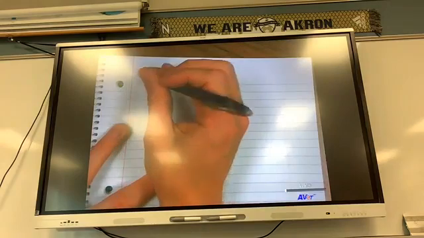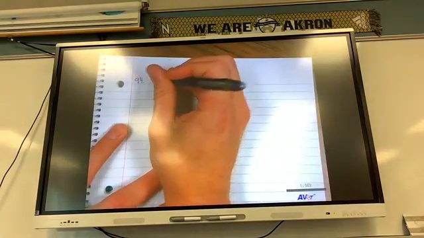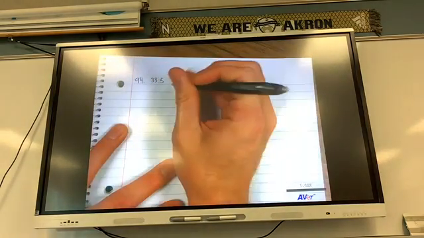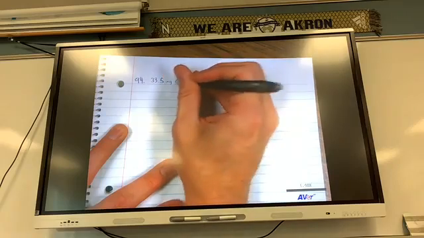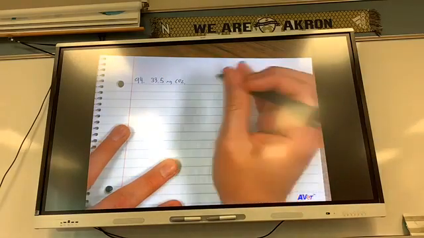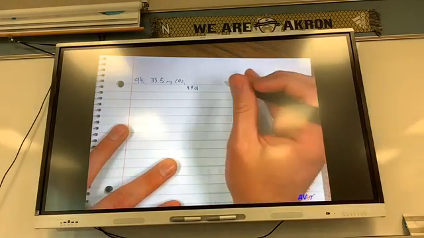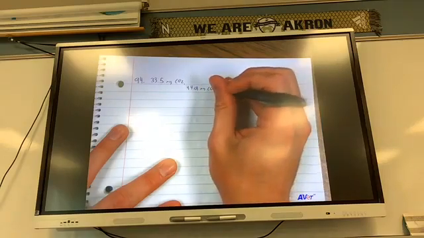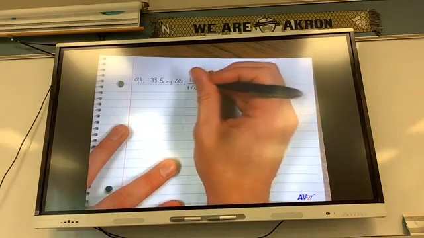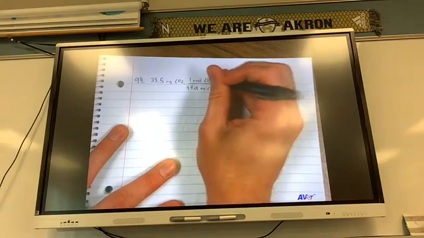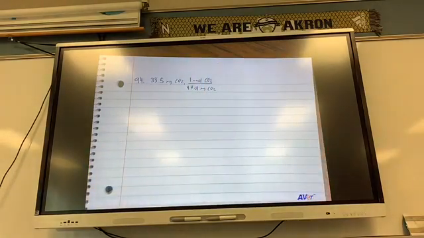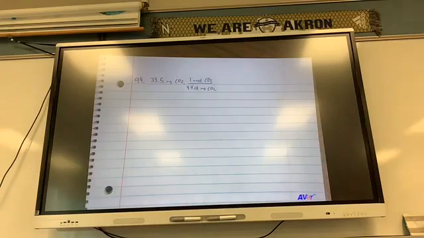Let me zoom in a little bit and show you what I did. So I took my 33.5 milligrams of CO2, and I know that there are 44.01 milligrams of CO2 in 1 millimole of CO2. If you want to go to grams, that's fine.